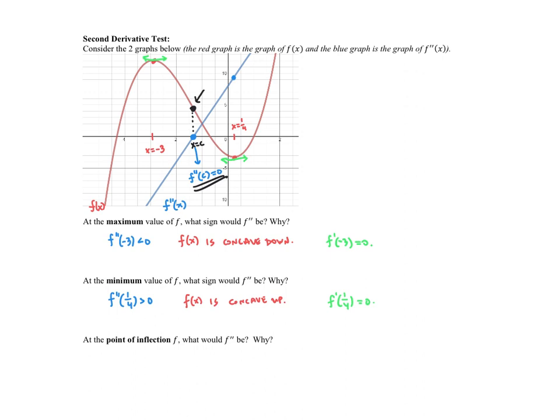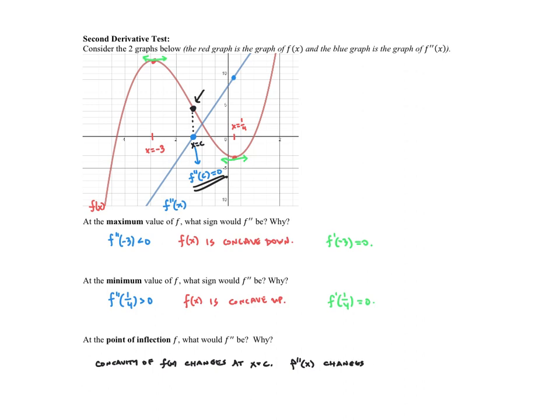But what you'll notice is unique is that the concavity of f of x changes at x equals c. What that means is that f double prime of x changes sign.